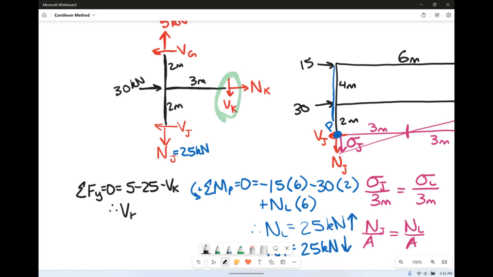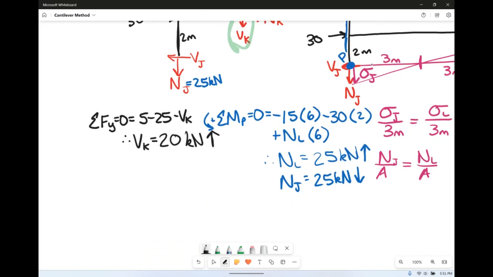So shear at K is going to be equal to 30. Right? Nope, just kidding. Yep, 20. 5 minus 25, so it's 20 kilonewtons there. And it's actually going to be going up.